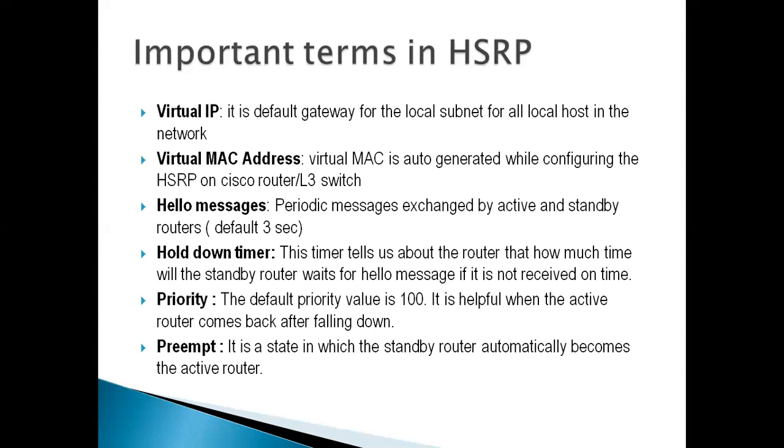Otherwise, if we have not configured preempt, then if the active router fails and the standby becomes active, and the earlier active router powers on again or becomes operational, it will not become the active router until the currently active router fails. Okay, preempt. It is a state in which the standby router automatically becomes the active router.